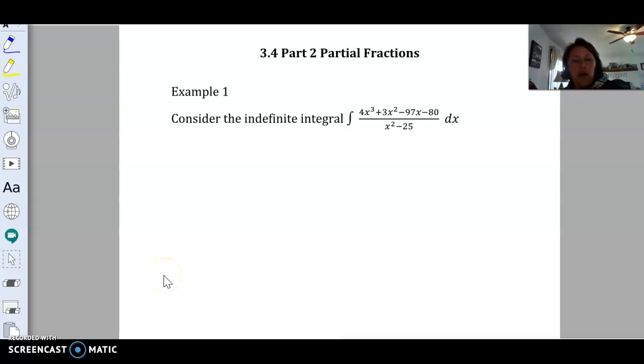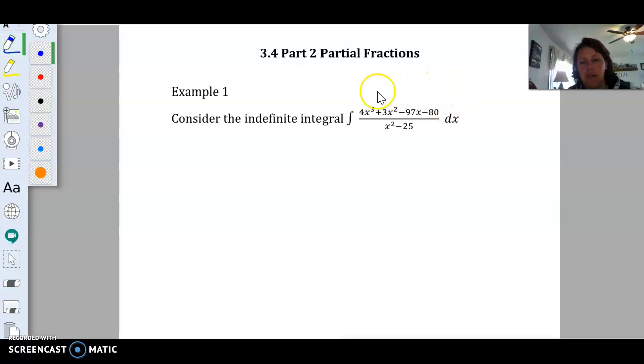The reason that we need to do that, and how you'll know, is we compare the degree of the numerator with the degree of the denominator. So in this example number 1, notice that the degree of the numerator is 3, and the degree of the denominator is 2.